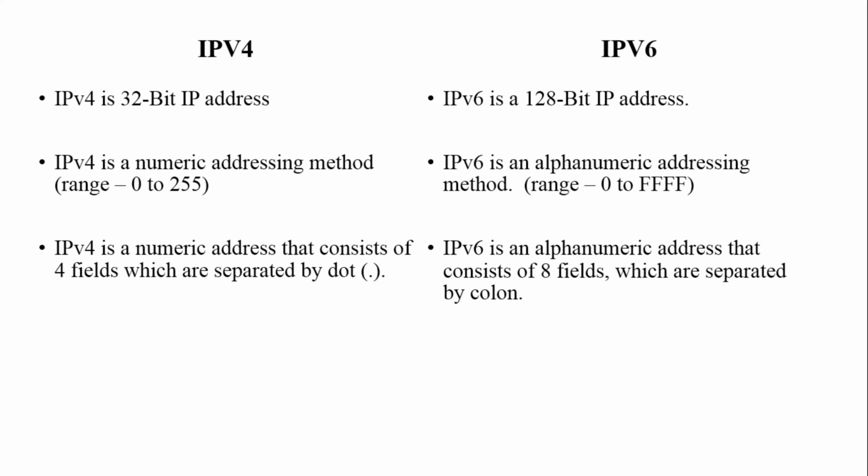In IPv4, the fields are separated by dots, and there are 4 fields, and in IPv6 the fields are separated by colons, and there are 8 fields.